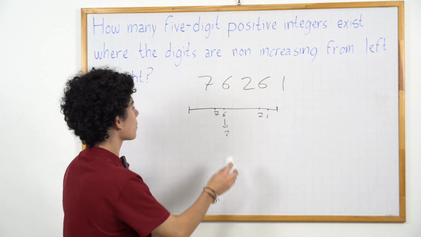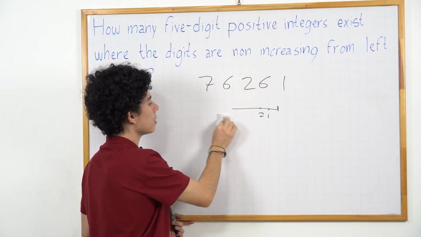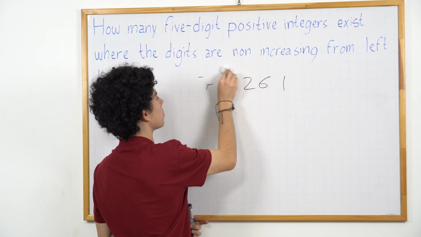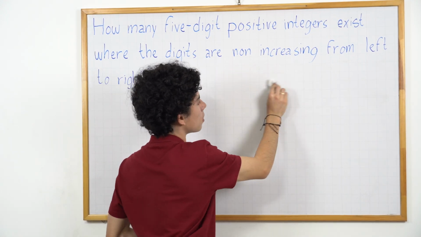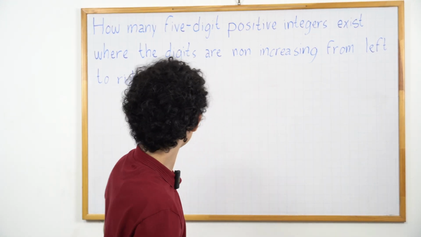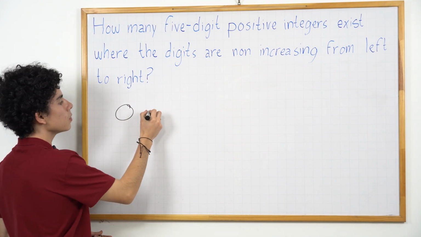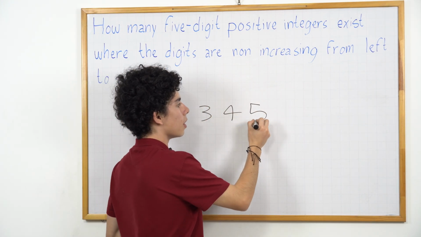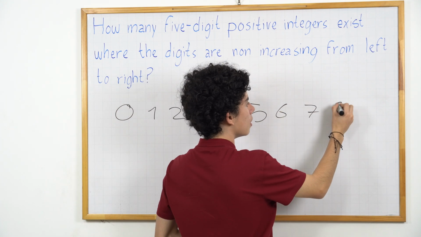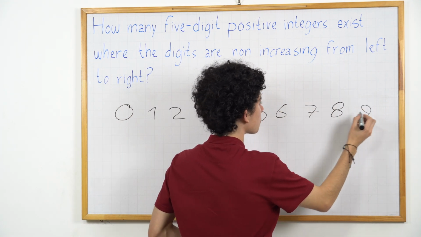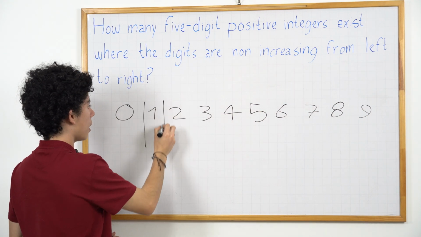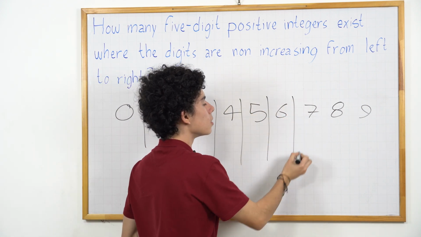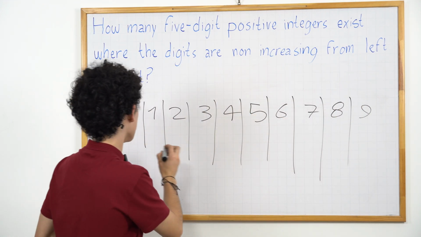So, what we can do is take all possible digits. Let's erase this as well. We could start by 0, 1, 2, 3, 4, 5, 6, 7, 8, 9, and put sort of dividers for doing a table.